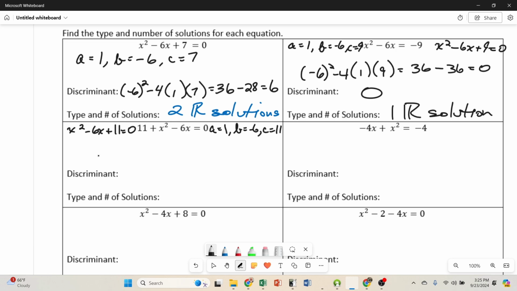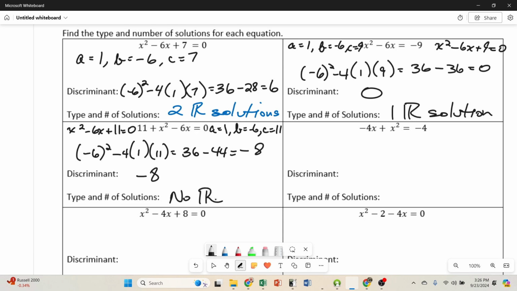Okay, so b squared minus 4ac, -6 squared minus 4 times a, which is 1, times c, which is 11. So I've got -6 squared is 36, minus 4 times 1 is 4 times 11 is 44. That is equal to -8. Discriminant, -8. So no real solutions. And this is probably the best answer. Just leave it as that.